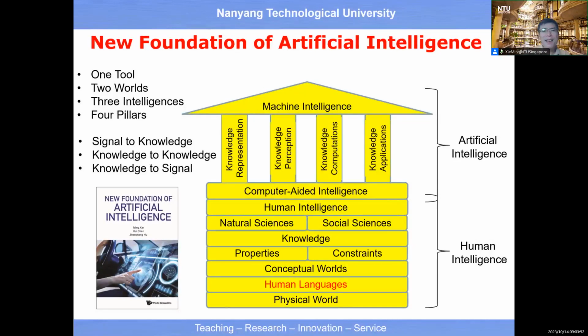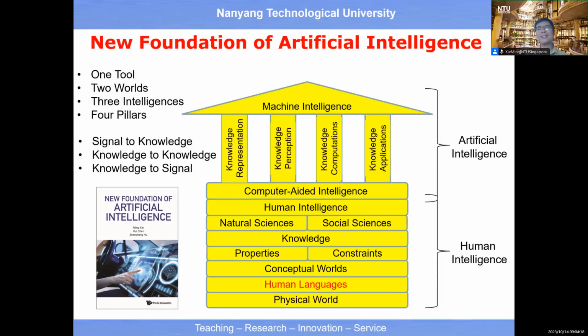Then this slide basically summarizes what the blueprint of AI 3.0 is, right? From this slide, try to remember these four numbers: 1, 2, 3, 4. One means AI has one tool. This tool is human language.